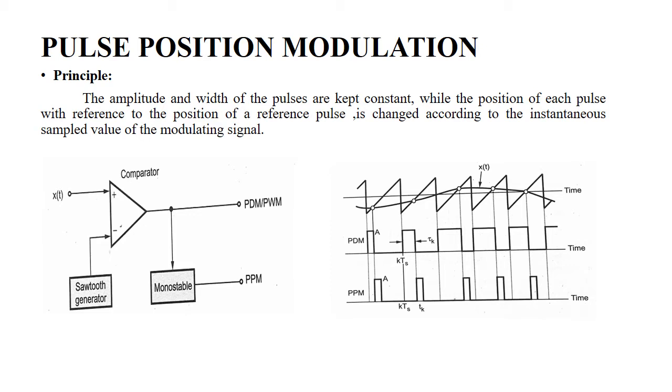The output of the monostable then switches to the positive saturation level. This voltage remains high for a fixed period, then it goes low. So the width of the pulses is determined by the monostable. The pulse is delayed from the sampling time kTs, and the delay depends on the amplitude of the signal x(t) at kTs.